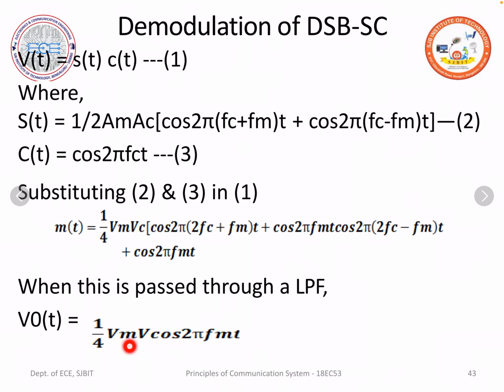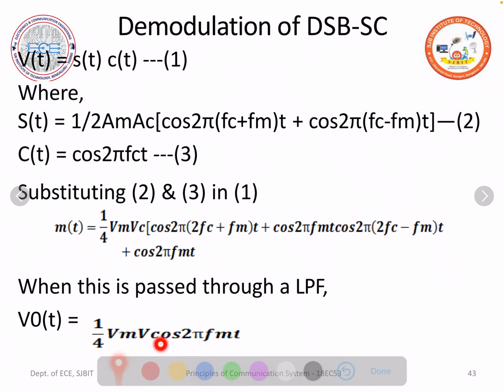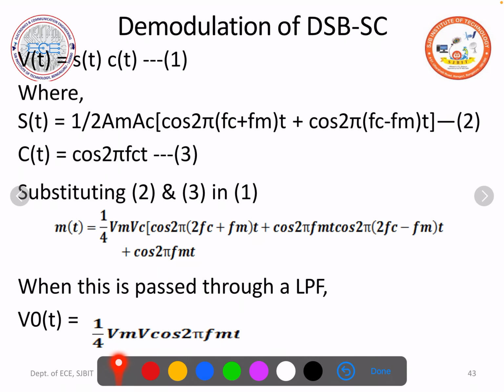It is Vm into Vc. You can also take it as Am into Ac into m of t. Actually this is scaled by 1 by 2. The output voltage of the coherent demodulator is proportional to the message signal.